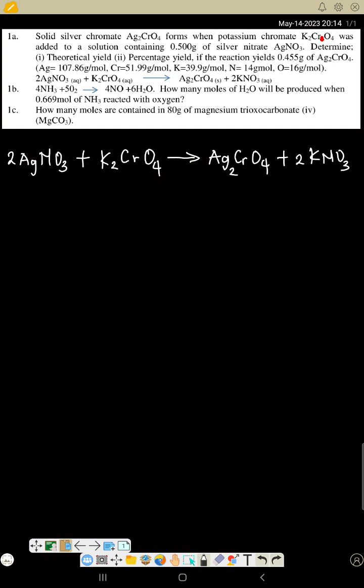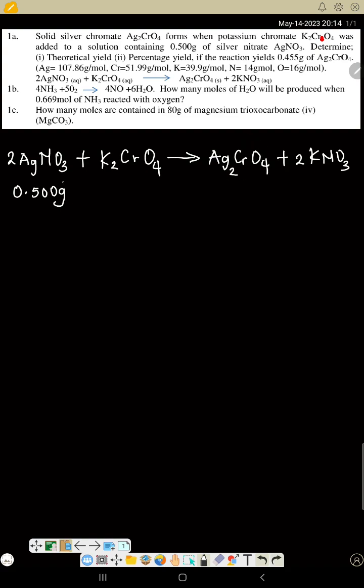Now, we already know that this reaction contains 0.500 gram of silver nitrate. So now, this silver nitrate will give you how many silver chromates.